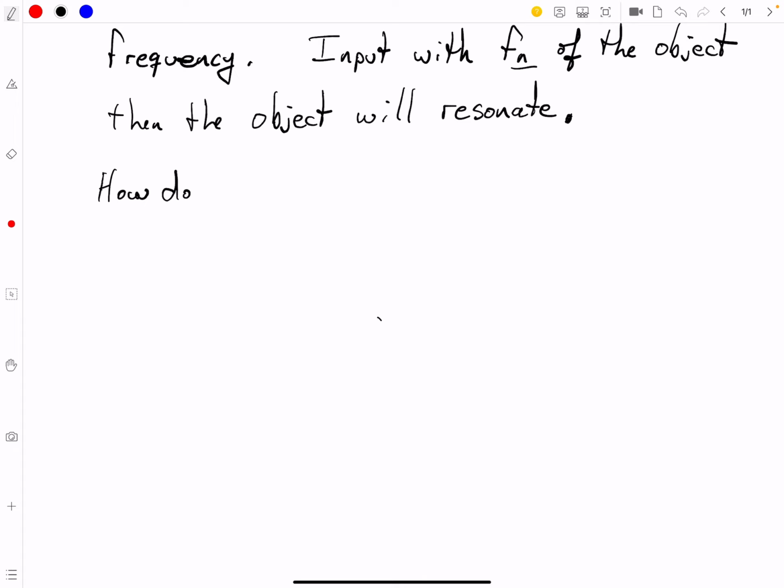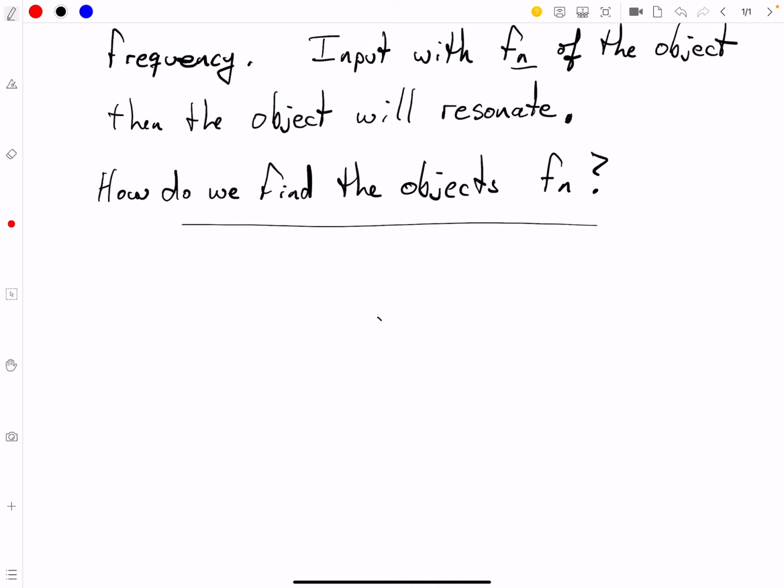How do we find the object's natural frequency? Okay, great question. I'm sure one of you asked that question because it's so good. It's such a good question.